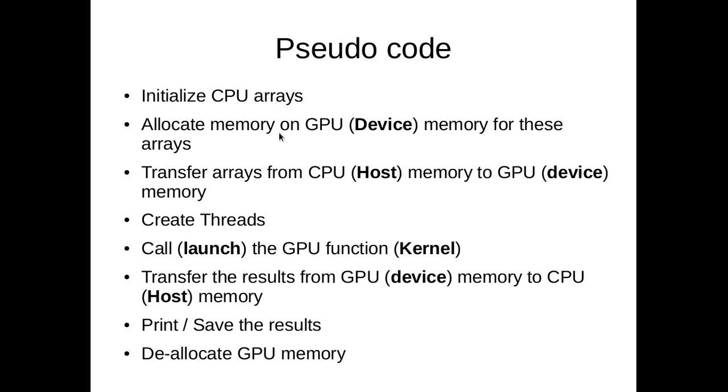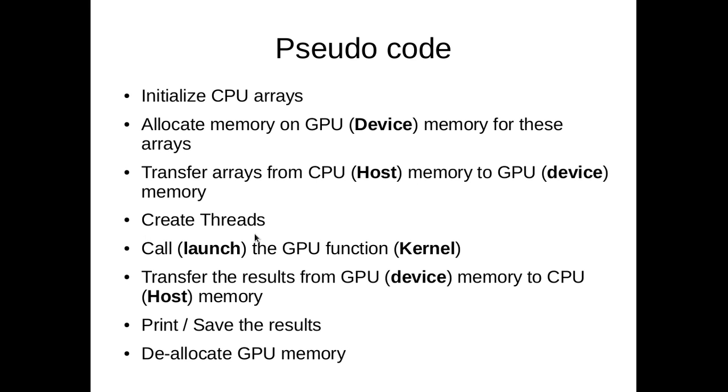Then I'll allocate memory on the GPU, which is called the device, for these arrays. Then I'll transfer the data from CPU memory to GPU memory. Here the CPU is called the host, and as I mentioned, the GPU is called the device. So I transfer the data from host memory to device memory.